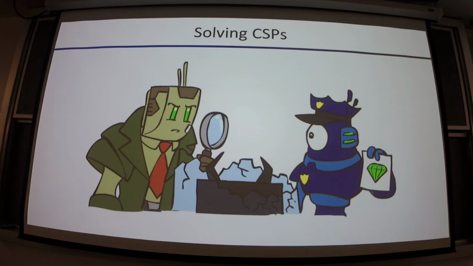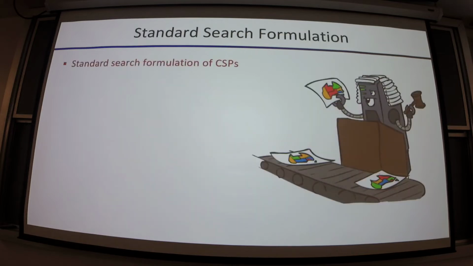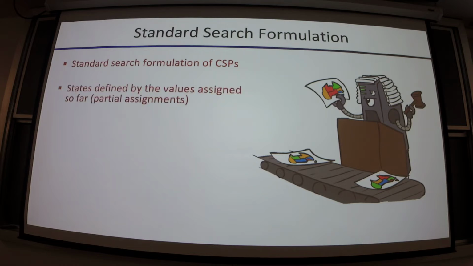Last week we talked about a bunch of ways to search for things, and what we're doing here is functionally search. So maybe we can apply some of those concepts. Can we formalize our CSPs as a standard search problem? Sure. We can have the states be defined by the values assigned, including partial assignments. Our initial state would be the empty assignment: a set of variables with nothing assigned.